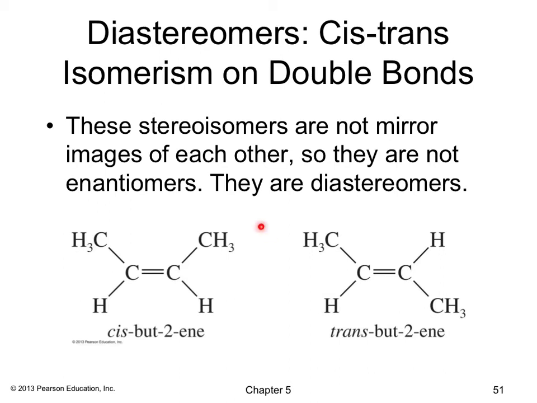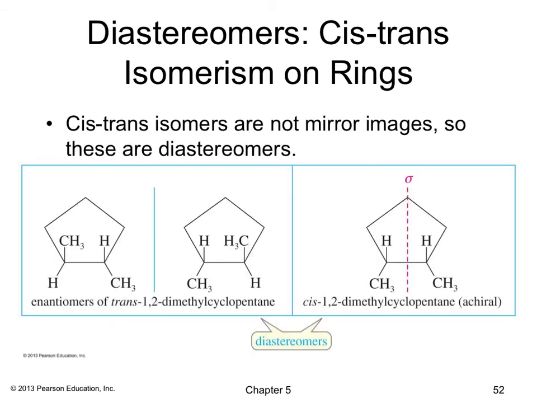So these stereoisomers here, cis and trans butene, are not mirror images. Because they're not mirror images, they're not enantiomers, but they are diastereomers, or stereoisomers, because they are not superimposable. This relationship, where they're not mirror images and they're not superimposable, means that they are diastereomers.